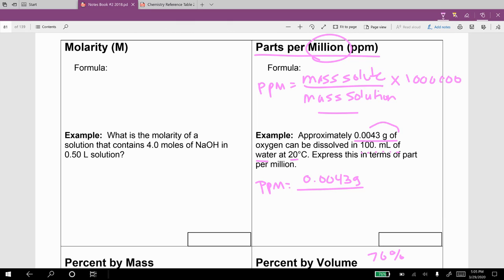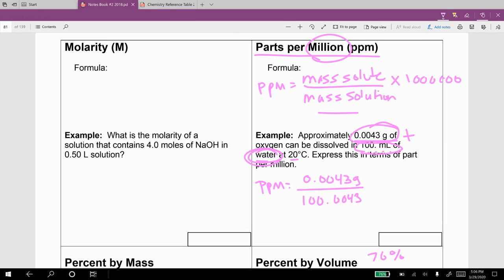Well, I'm adding this amount of solute, the oxygen, to water. It doesn't say total solution. So that means if I see water, I have to add these two things together, right? So I have 100.0043.